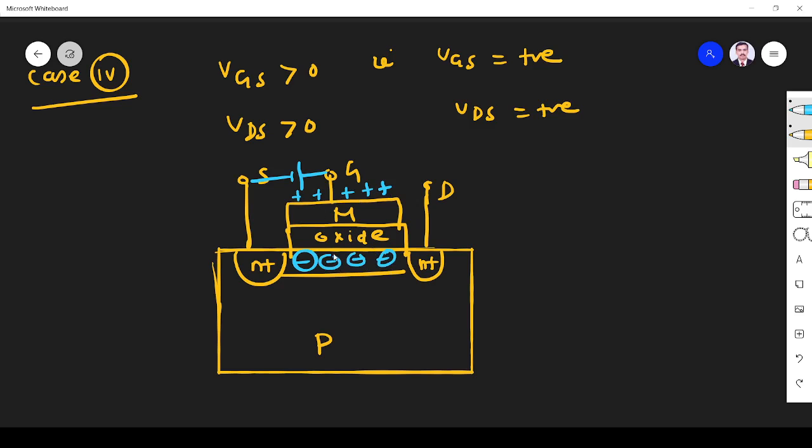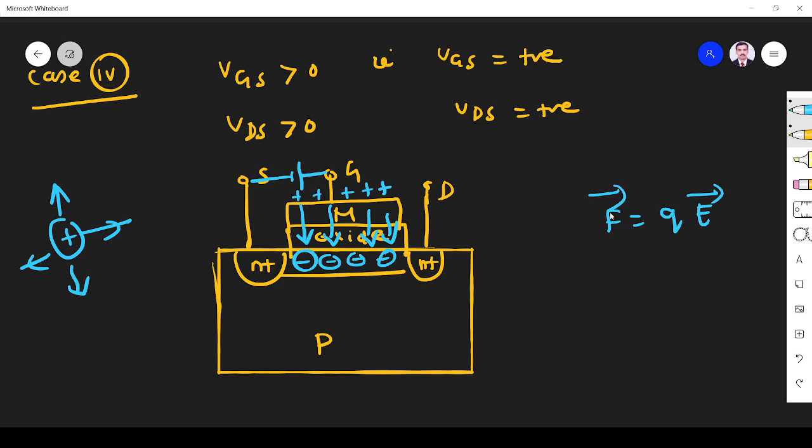So what will happen when you have a positive charge carrier? They will create an electric field that goes away from them, because for a positive charge carrier the electric field goes away. We know F is equal to Q into E, so the force will be in the same direction for a positive carrier and it will be pushed away.